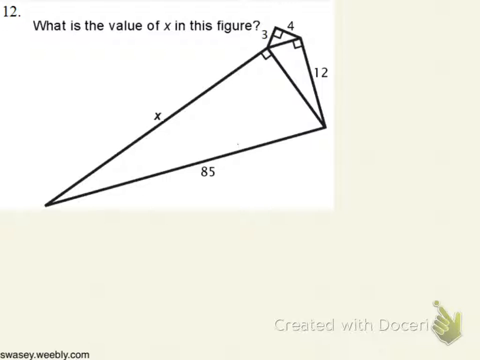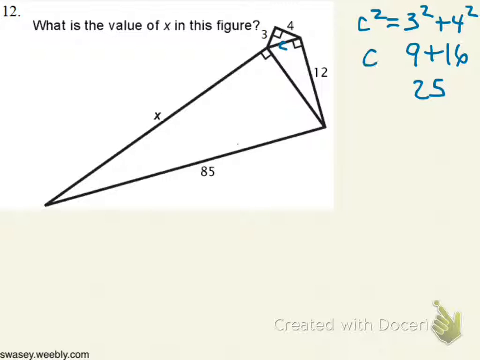Alright, on this one we'll use the Pythagorean Theorem. So to find that c, we'll do 3 squared plus 4 squared. And so we get 9 and 16, that's 25. Square root both sides. Only a positive answer makes sense here. So we have 5 there.